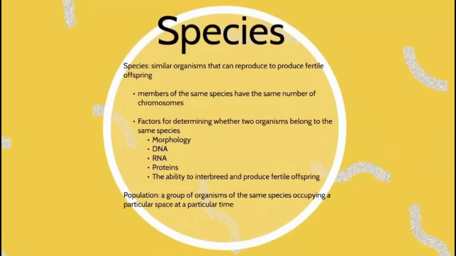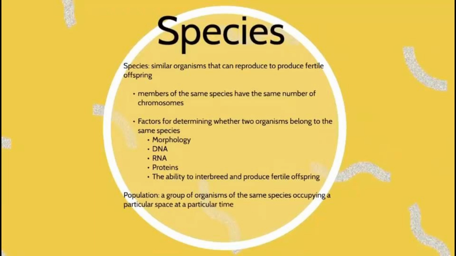So some of the factors that need to be taken into consideration when we define a species is the observable features. So that's things like the morphology, so how they look. So, a giraffe and a pig look very different. So, we can assume they're not the same species. Whereas a warthog and a pig look much more similar, right?